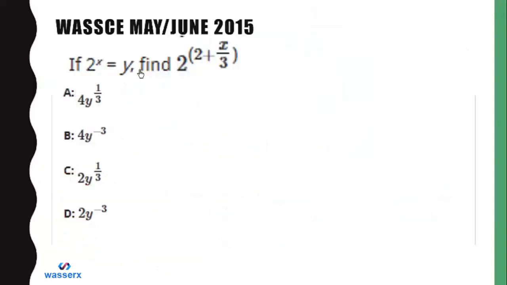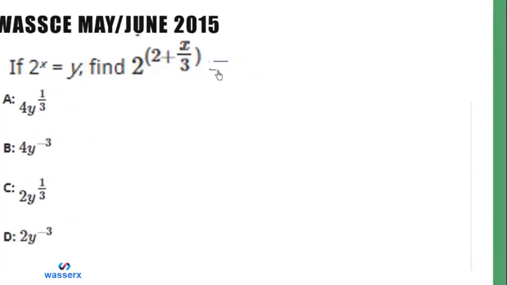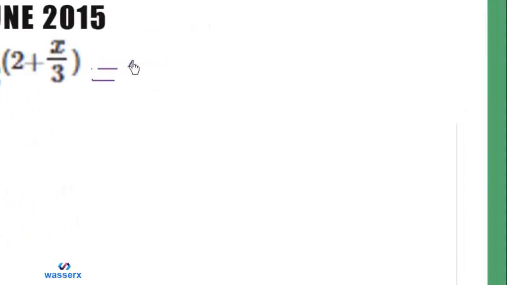If 2 to the power x equals y, find 2 to the power 2 plus x over 3. Now to do that, we just need to simplify this over here. So this will give us 2 to the power 2, then times 2 to the power x over 3.